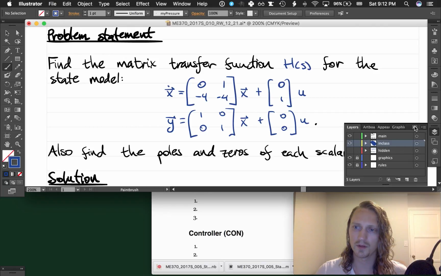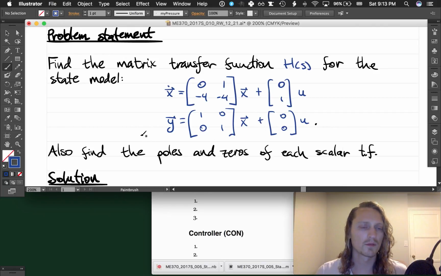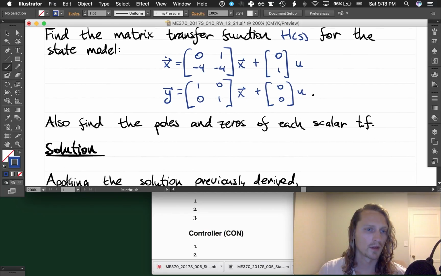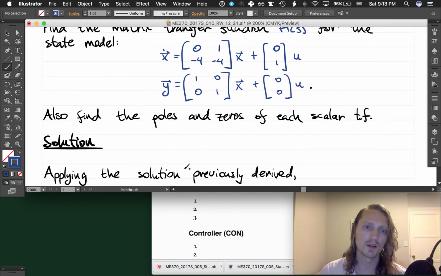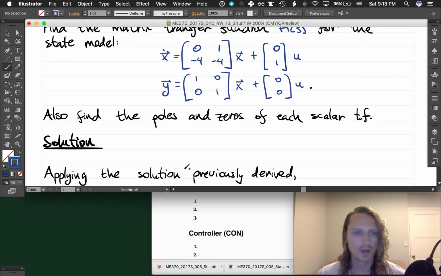So here's our ABCD definition for our state model. Also find the poles and zeros of each scalar transfer function. So those are the two parts to the question.